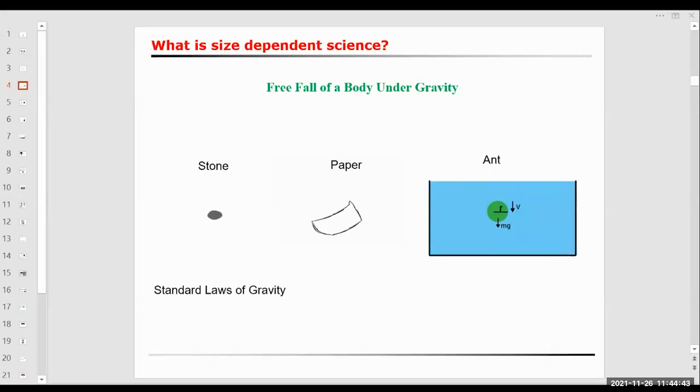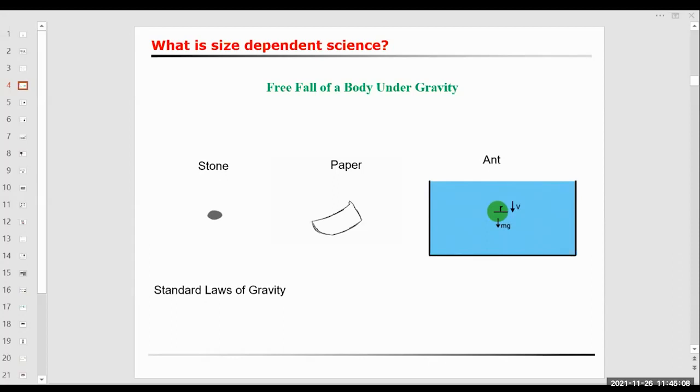There is a difference in observation, and in order to explain that observation, we are curious why paper is not falling like a stone. So we need to set up experiments and understand. We develop science which we say buoyancy. That buoyancy is critical in explaining the fall of paper under gravity.